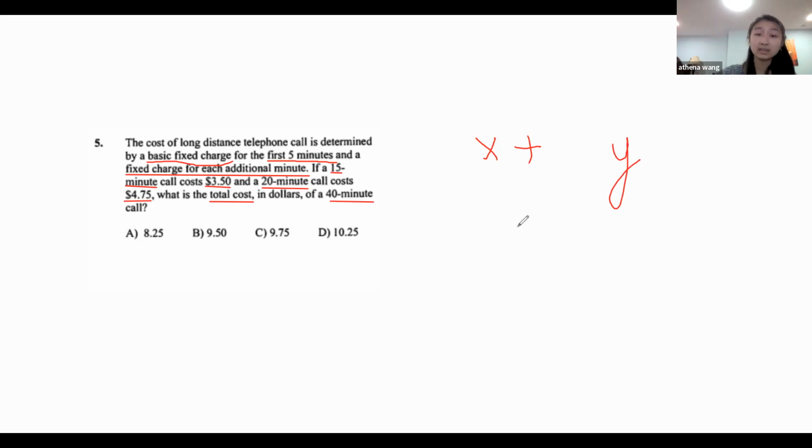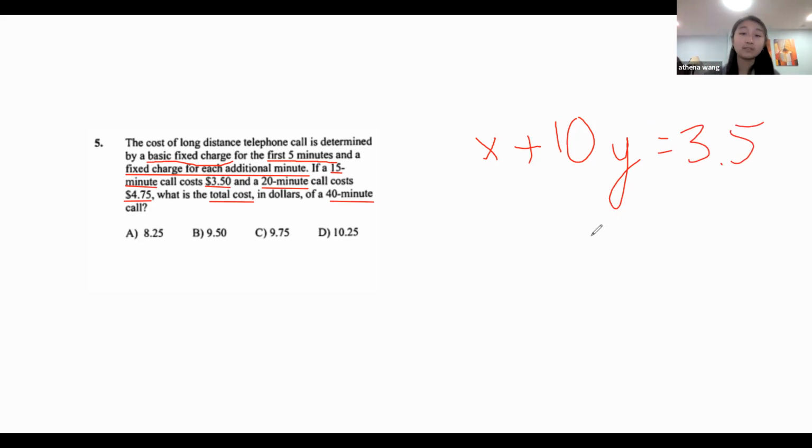We have that there's going to be x plus 10 times y, because it's going to have the charge of y for each of the 10 minutes afterwards. Okay, and we have that this is $3.50.